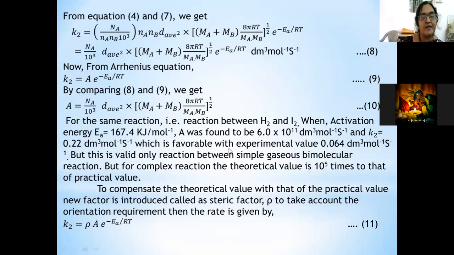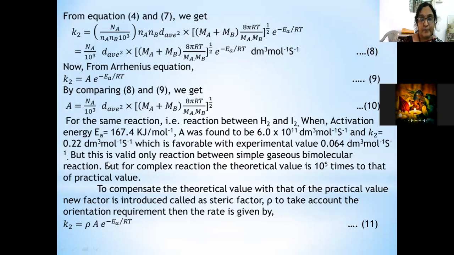You can see here the experimental value is 0.064 decimeter cube mole inverse second inverse. So this may be somewhat comparable when we consider the effective collision instead of all collisions.